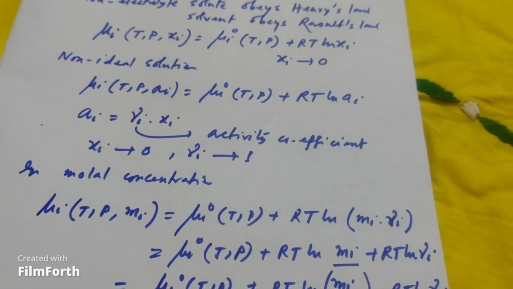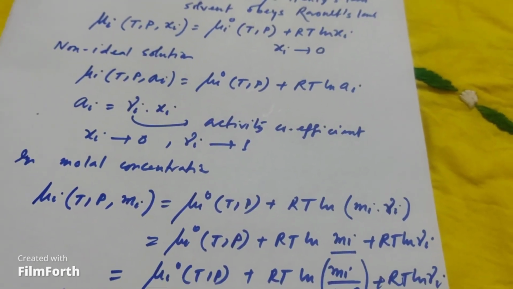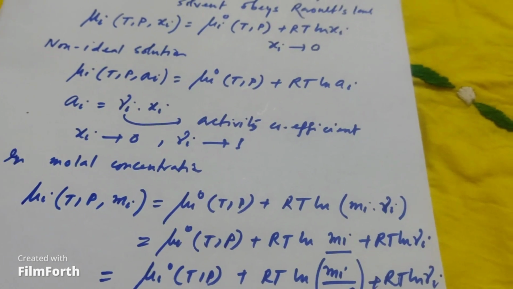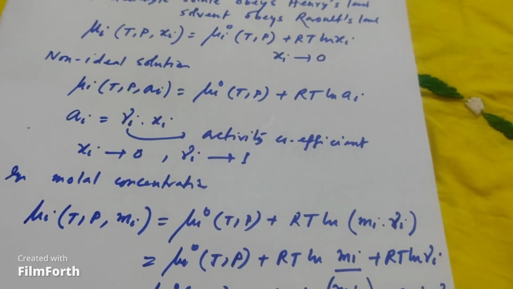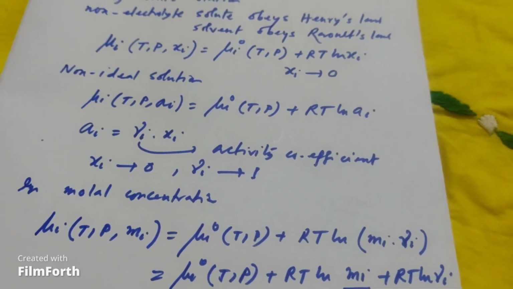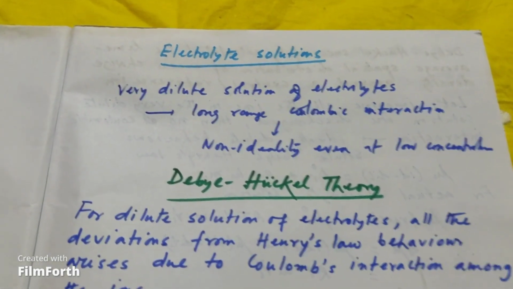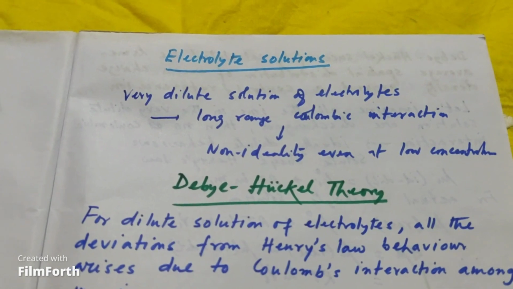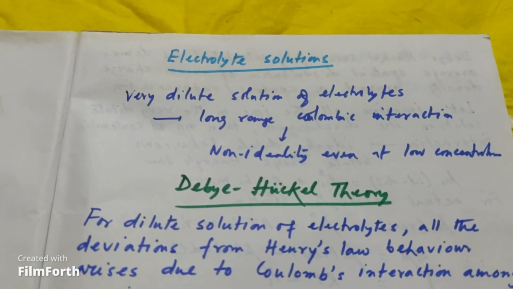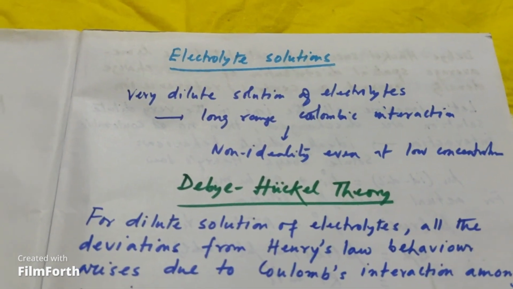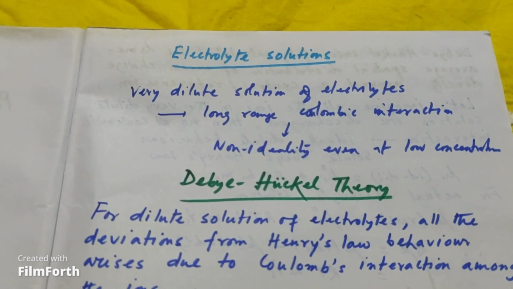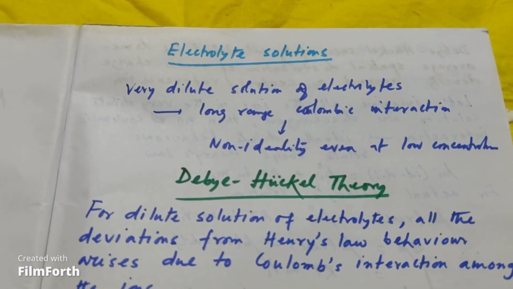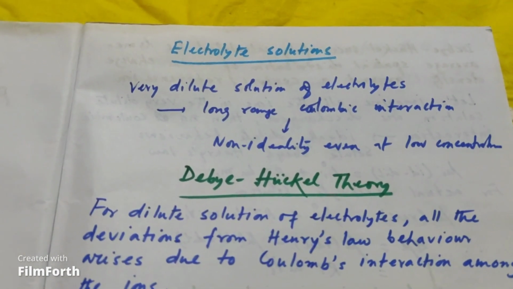There is a difference in treating a solution of non-electrolyte and a solution of electrolyte. Thus a very dilute solution of electrolyte behaves non-ideally. It is due to the long-range Coulombic interaction between the ions. So non-ideality exists even at very low concentration of the electrolyte solute.